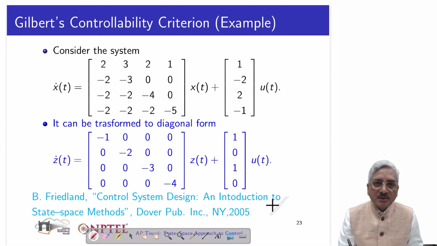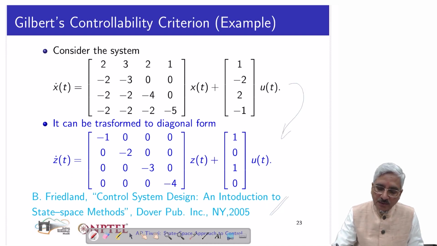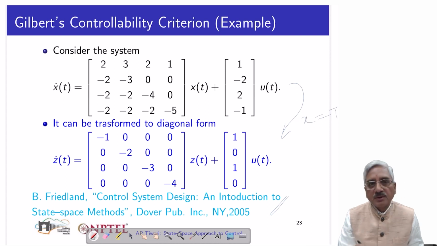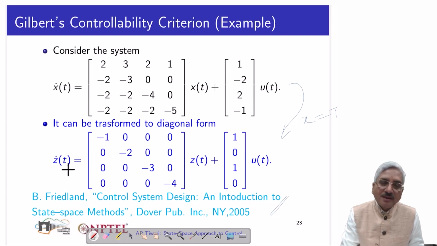In the initial portion itself you will find the transformation which can convert this system to this system when x equal to Tz is used. And so we obtain the equivalent system in the diagonal form.